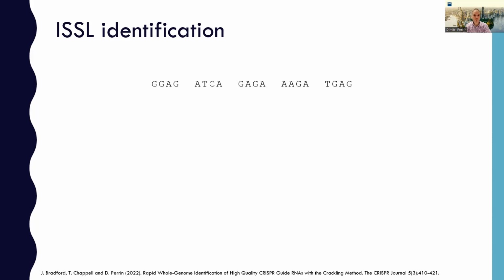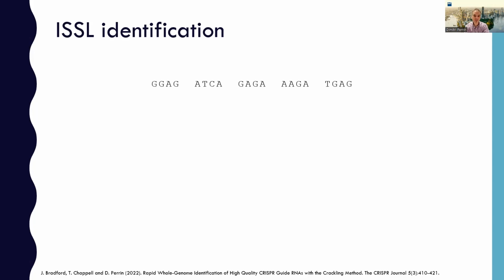The way we approach the problem is by looking at the sequence for the guide, which is 20 bases in length, and divide it into 5 sections that we call slices, 5 slices of length 4. And our argument is that if a site is a genuine off-target site for the guide that we're considering, then it needs to be an identical match to the guide on at least one of these slices.